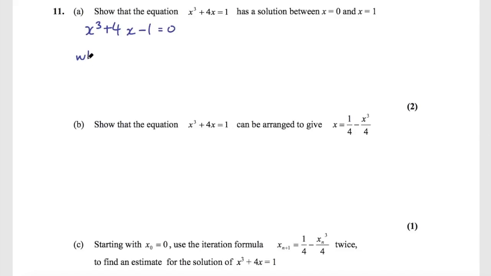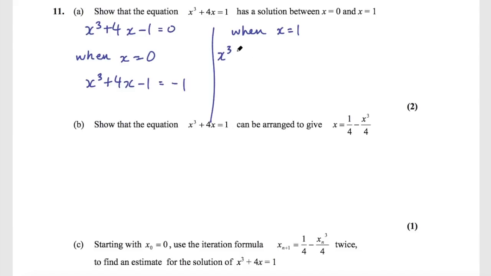So we can say when x equals 0, x cubed plus 4x minus 1 equals, well, if x was 0, this would be 0 plus 0 minus 1, this would be minus 1. Okay, and then we can say when x equals 1, let's write it out again, x cubed plus 4x minus 1.